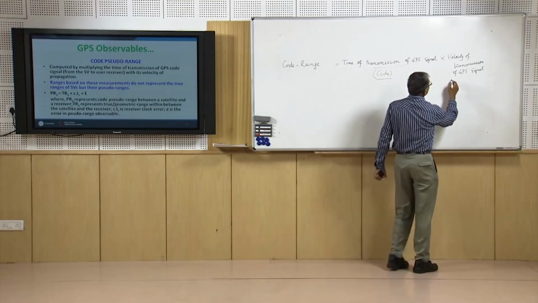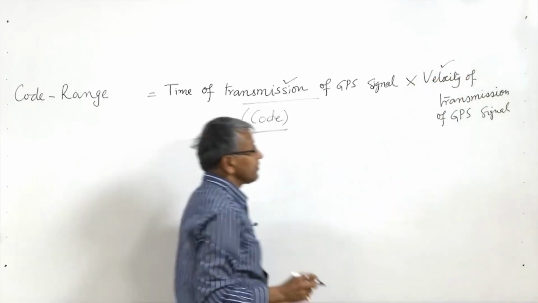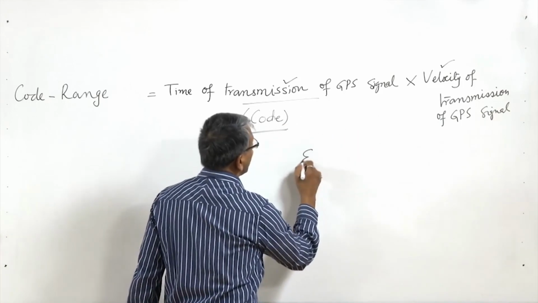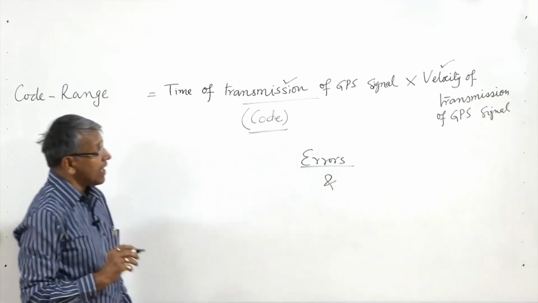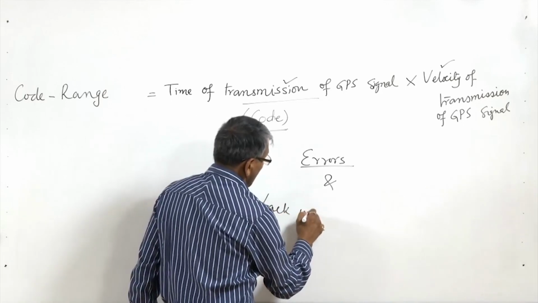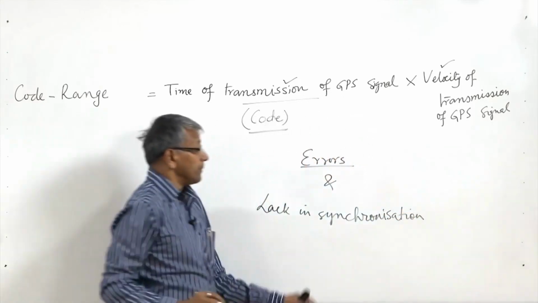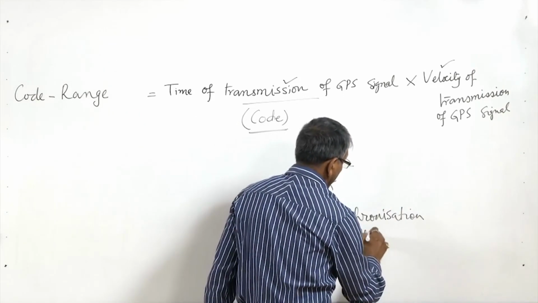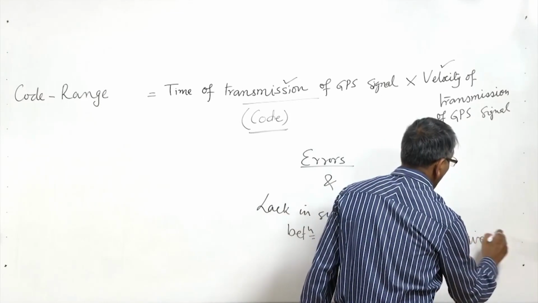You can see that there are two parameters involved in range computation, so the measurement of these parameters involves some errors, and also there is a lack of synchronization between the satellite clock and the receiver clock.